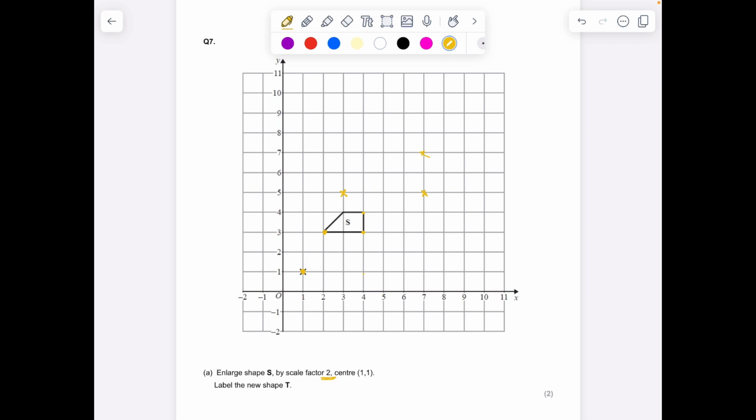So I did that journey twice. And then finally I'll do this corner here. To get to it, I go across 2, up 3. So I'm going to go across 2 again and up 1, 2, 3. So I end up here. And then I can just draw in my shape.